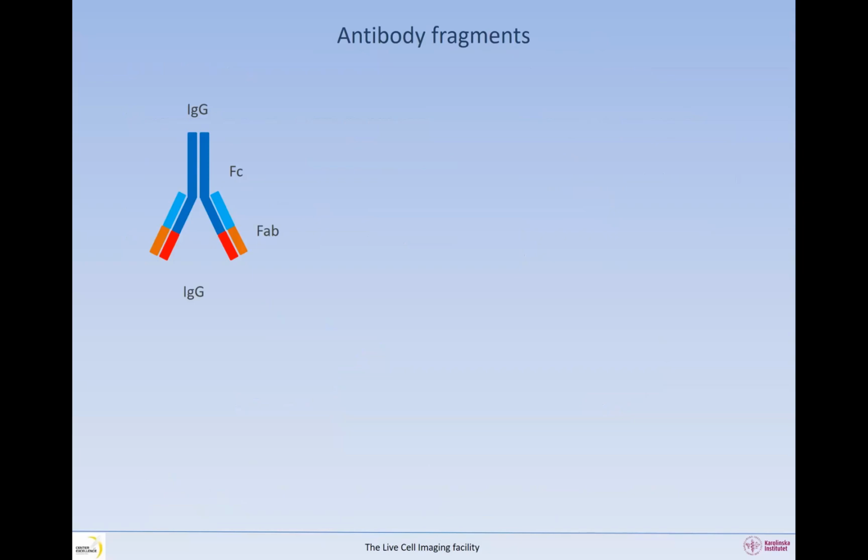Other types of antibodies are Fab fragments, and usually they are generated by enzymatic digestion of the whole IgG antibodies. With papain digestion, you are removing the entire Fc fragment, including the hinge region.